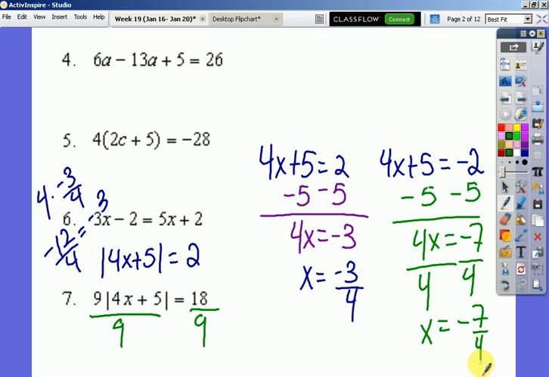Negative 7/4 times 4 is negative 7, plus 5 is negative 2, and the absolute value of negative 2 is positive 2, so that also works. If it doesn't work, what type of solution is that? It's called extraneous, right? Do you have any questions about this absolute value problem before we move on? Any questions about anything so far? Okay.